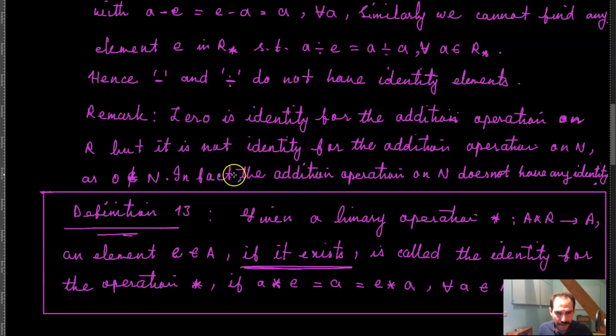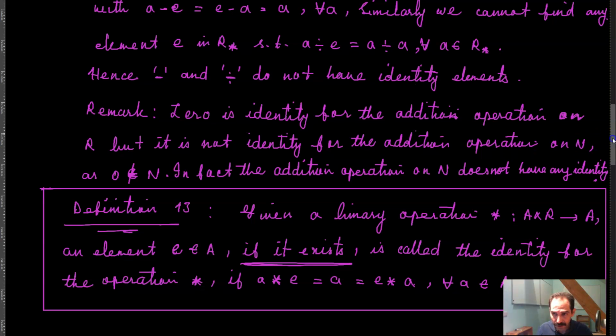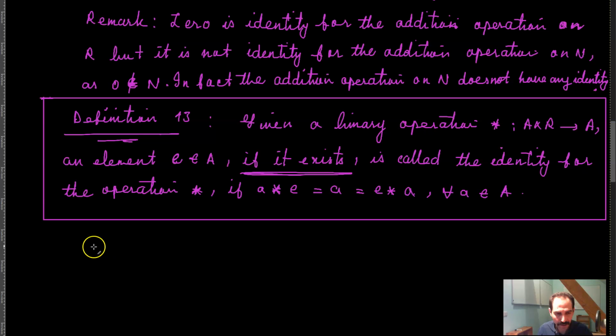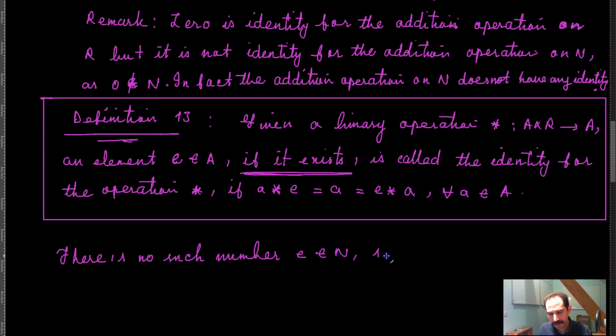So what that means is that there is no such number e belonging to N such that e plus a is equal to a plus e.